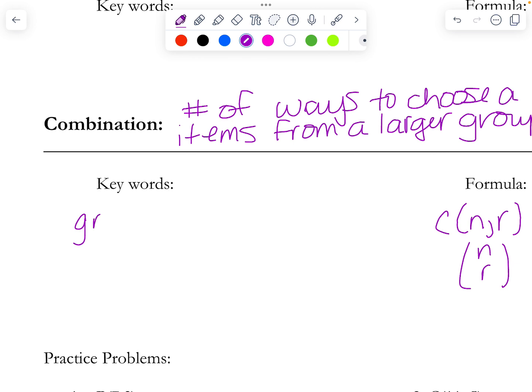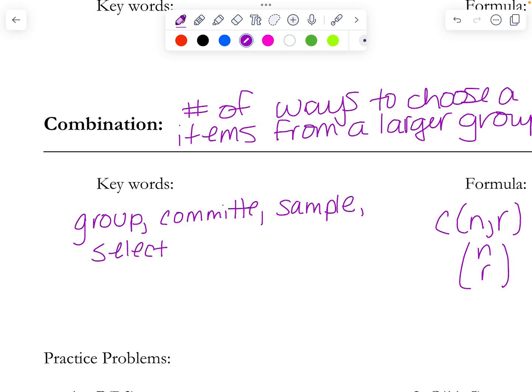This is going to be group, committee. I want you to go ahead and write this down. Sample, select, deck of cards.